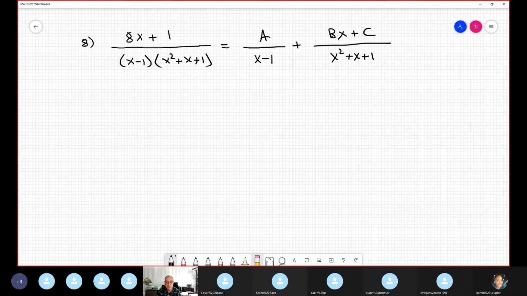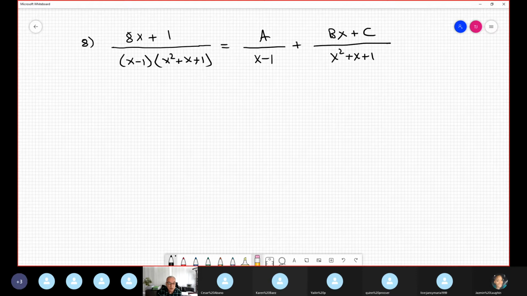This is the most important thing: identify it's an irreducible quadratic, so this trinomial cannot be factored in the real field, the factorization is complex. Therefore, you leave it like that, and you put bx plus c.